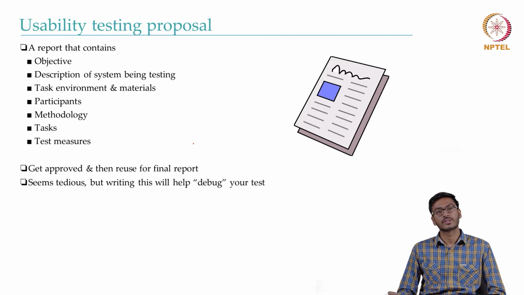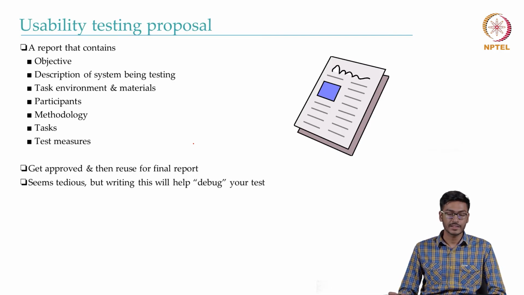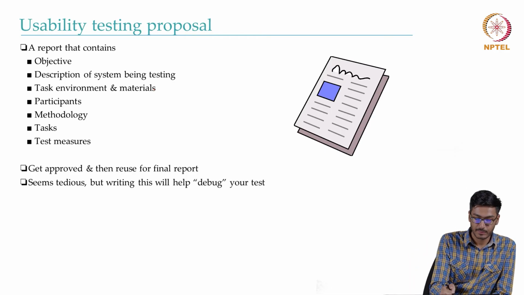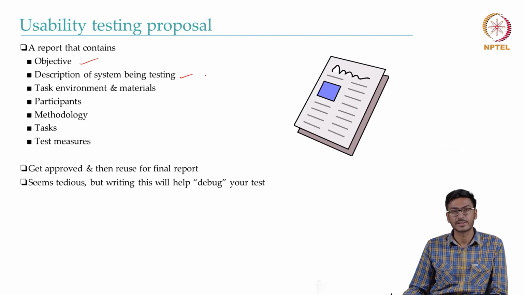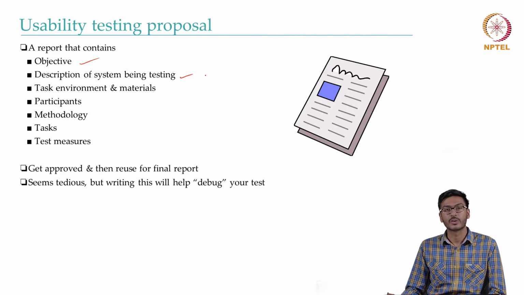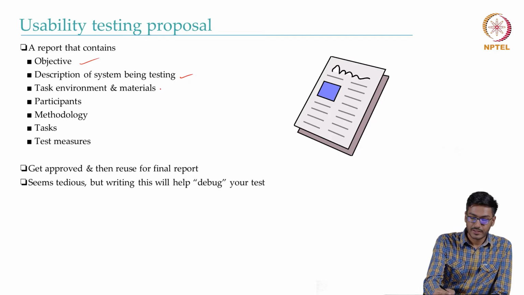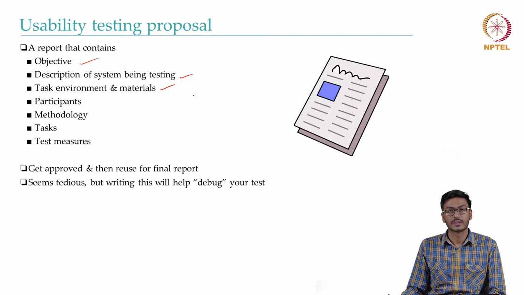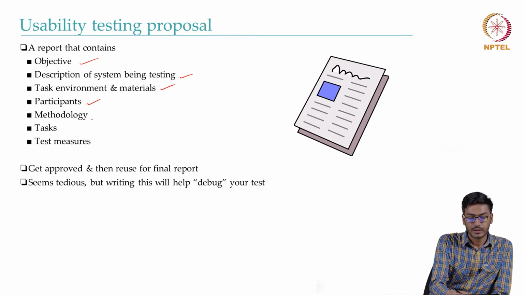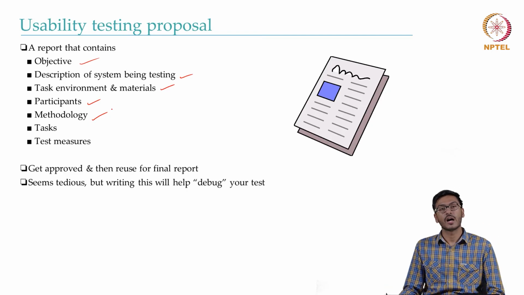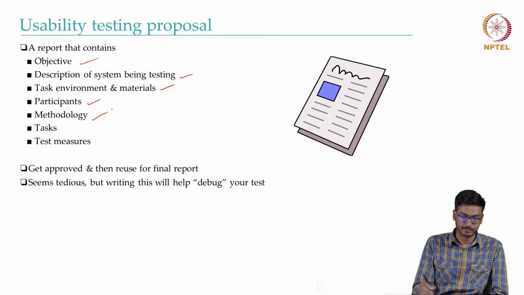Once we need to start with usability testing, we need to create a usability testing proposal which contains the objective, the description of the system which is being tested and some of the features that we are going to be testing, the task environments and the materials, how the testing is going to proceed, some details of the participants, and the methodology of how the usability testing is going to take place, which is one of the most important factors here.